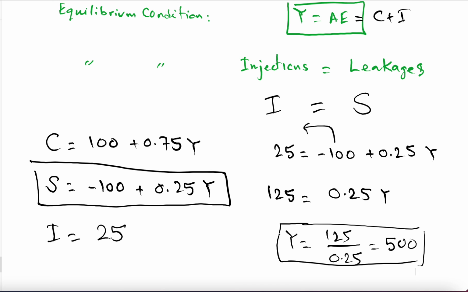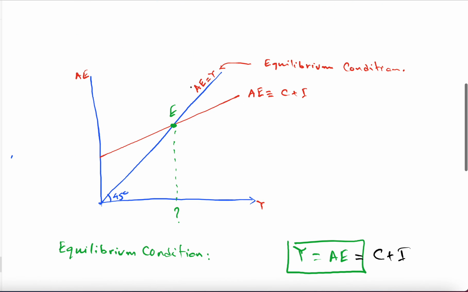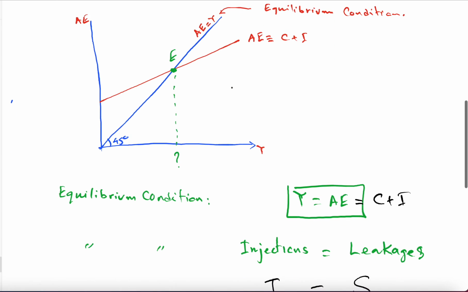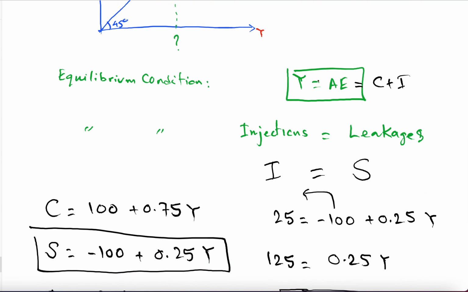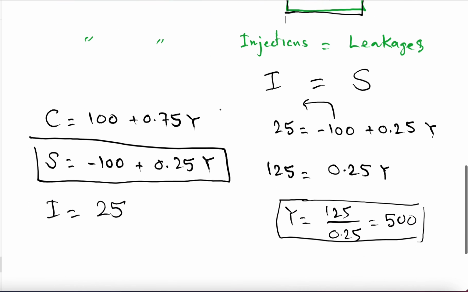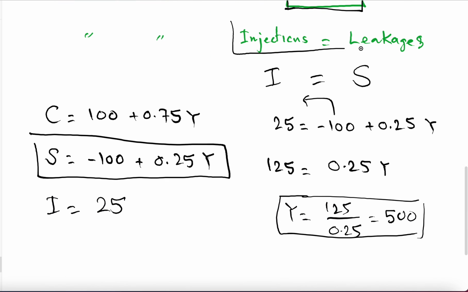So we have either the graphical equilibrium, the intersection of the 45-degree line with the aggregate expenditure, or the equational approach, number one, the equilibrium condition. Another alternative is the injections and leakages.